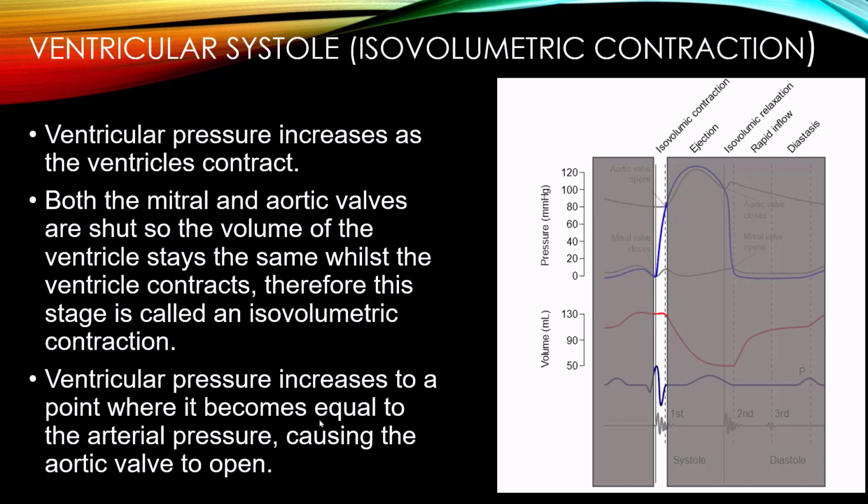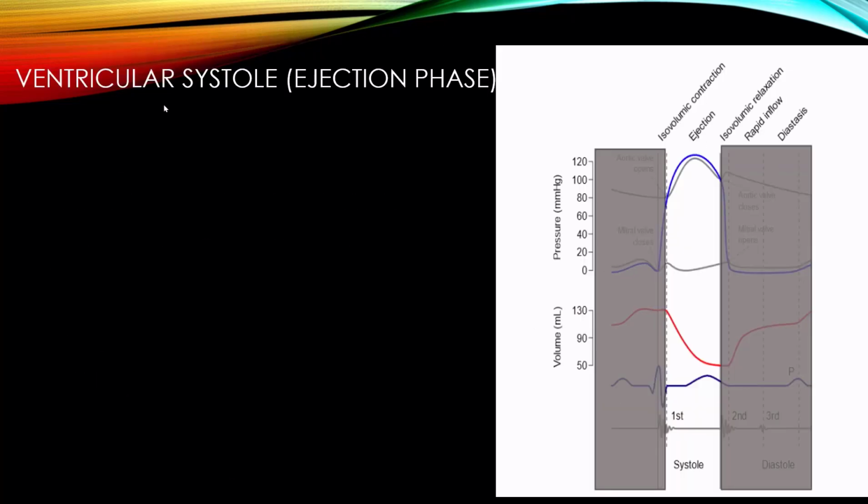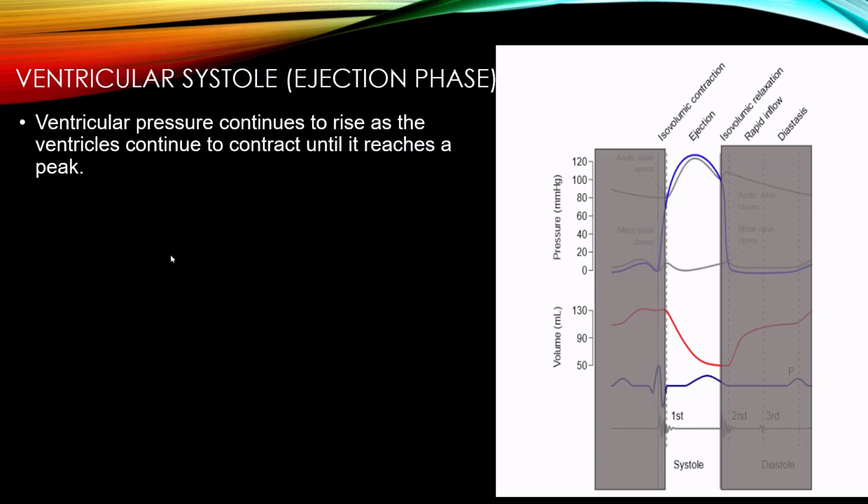Ventricular pressure increases to a point where it becomes equal to the aortic pressure, causing the aortic valve to open. When the pressure further increases due to contraction of the ventricle, this aortic valve becomes open. Ventricular systole, ejection phase.